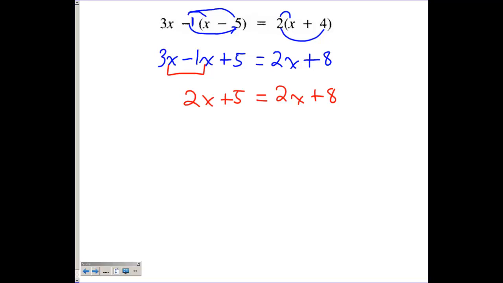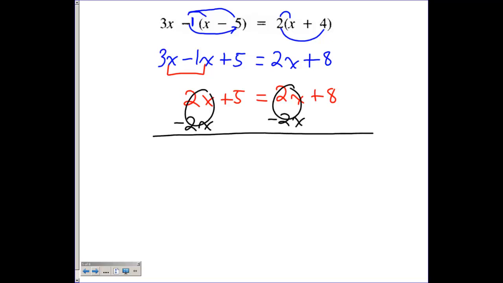Well, since they're both the same, and I subtract 2x and I subtract 2x, we have an unusual scenario here where both the x's drop out of the problem, and all I have left over is 5 equal to 8. Well, there is the possibility that there's no value of x that makes the statement true.